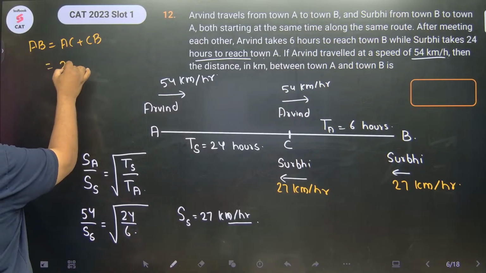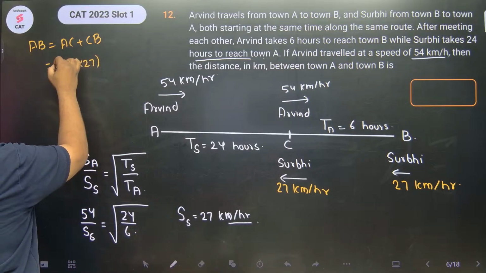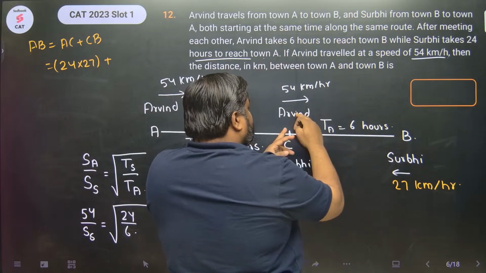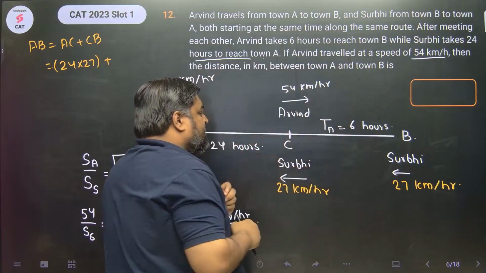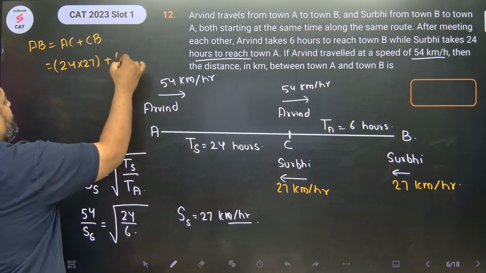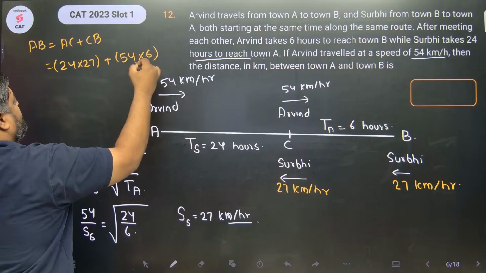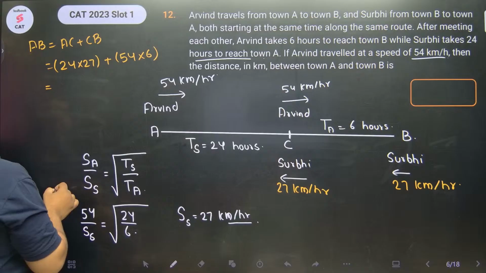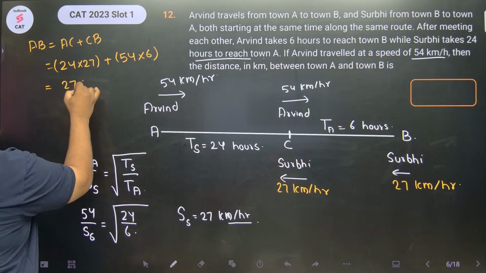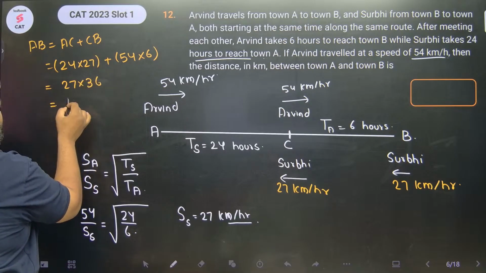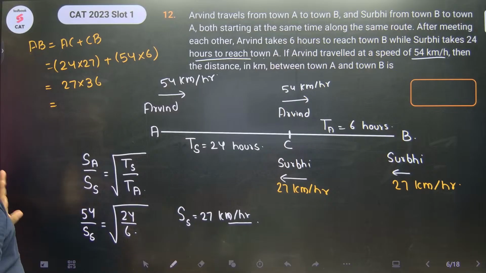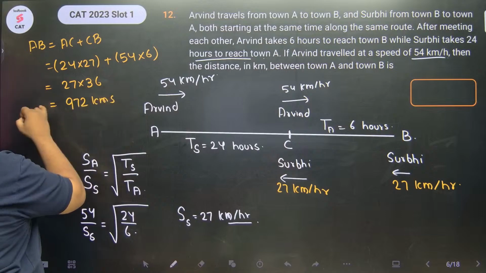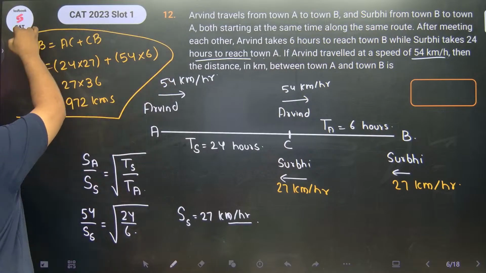So AC is 24 into 27 plus this distance CB. Arvind is running at 54 speed taking 6 hours. 54 into 6. Do the needful beta. So that is 27 into 36. Okay, so this is the answer. 972 kilometers is the answer to this question.